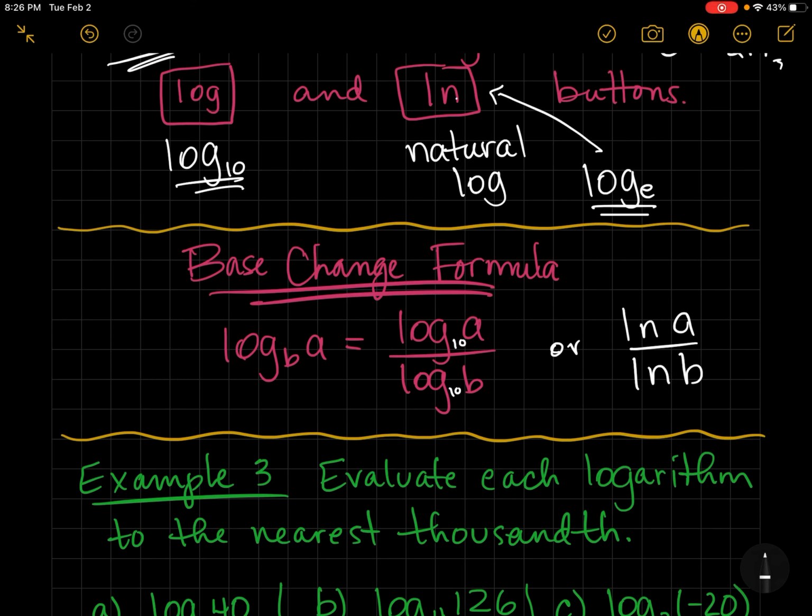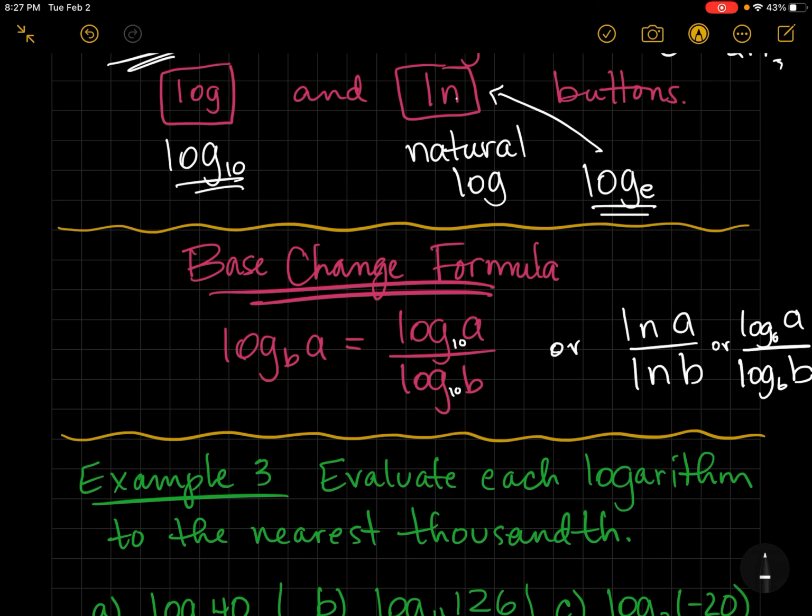Or, crazy enough, you could change it to any log you want. When you get higher into math, 6 is a popular base used in some different things. It's a hex base 6.